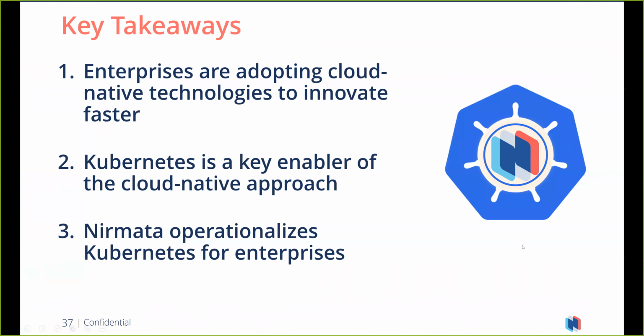So really, there are three key takeaways. Every enterprise, as we're moving into this new era of software, where software is being deployed and operated as cloud native, needs to move faster and make the innovation loop faster. So cloud native technologies are being adopted mainly for that reason.